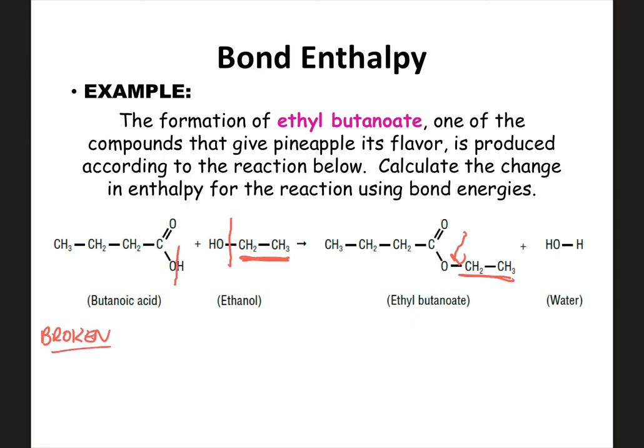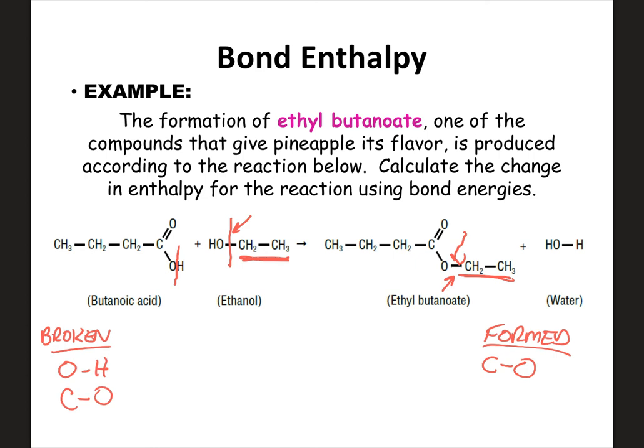So if I start making my list of broken bonds on the left side, I have an O single H that I need to break, and I also have a C single O from right here that I need to break. If you start making your formed list, we already identified that I need to form that C single O, the one right there. Then you ask, what about this substance over here?